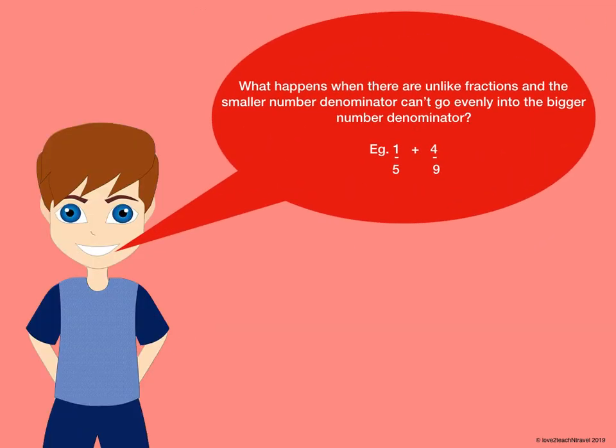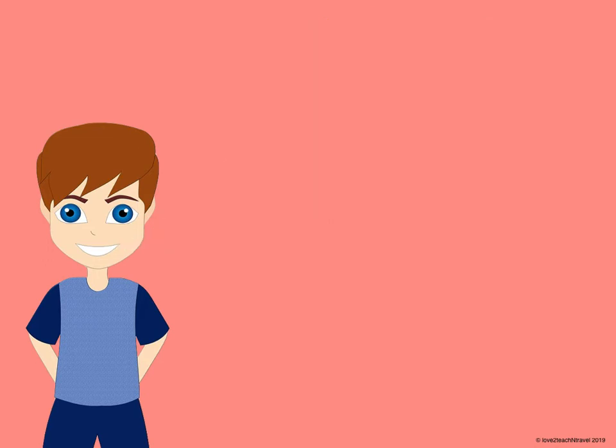So what happens when there are unlike fractions and the smaller denominator can't go evenly into the bigger denominator, like an example of 1/5 plus 4/9. So the 5 cannot go into 9 evenly because the counting pattern is 5, 10.